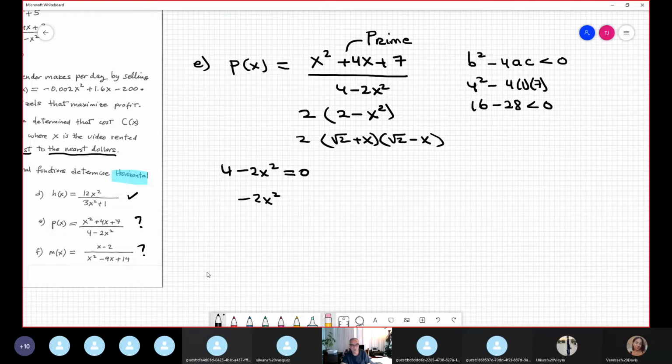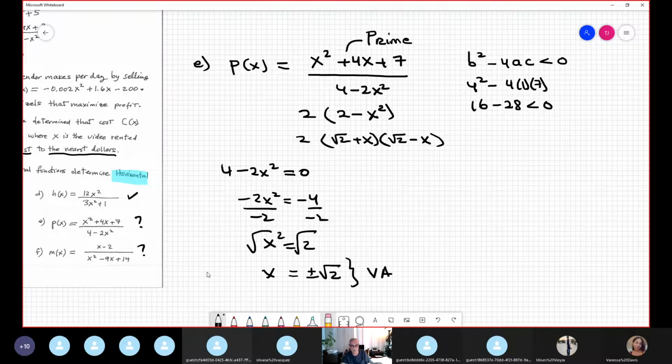Minus 2x squared equals minus 4, divided by negative 2 on both sides. X squared is equal to positive 2, of course, square root on both sides. X is equal to plus or minus radical 2. And this, by the way, is the vertical asymptote. We have two vertical asymptotes: vertical asymptote 1 at radical 2, and vertical asymptote 2 at minus radical 2.